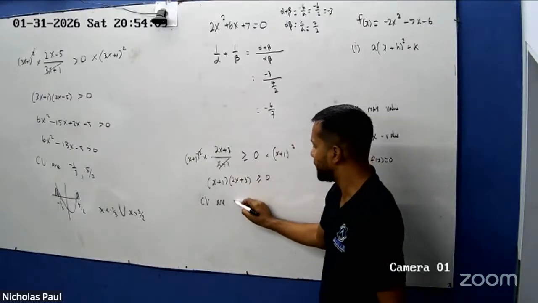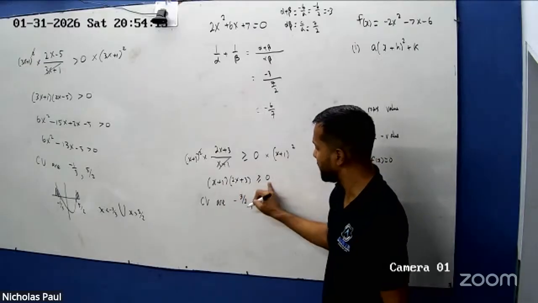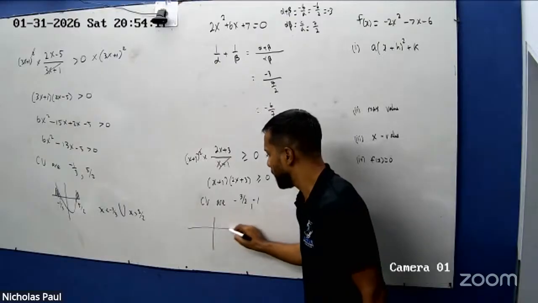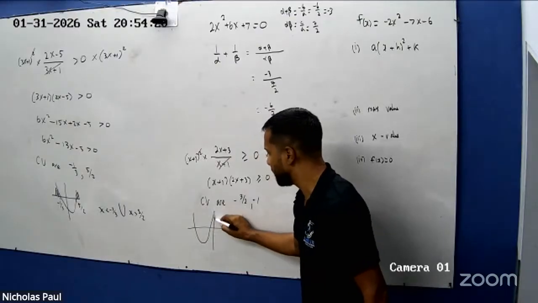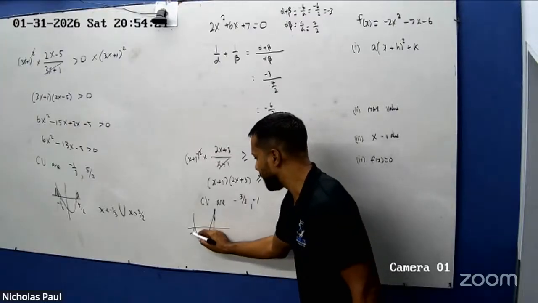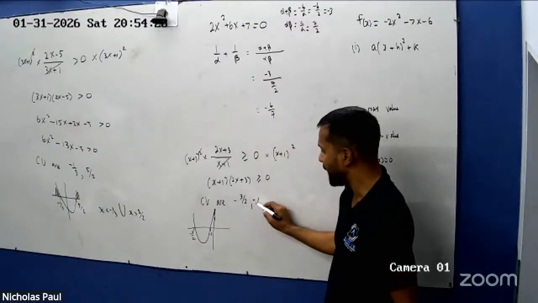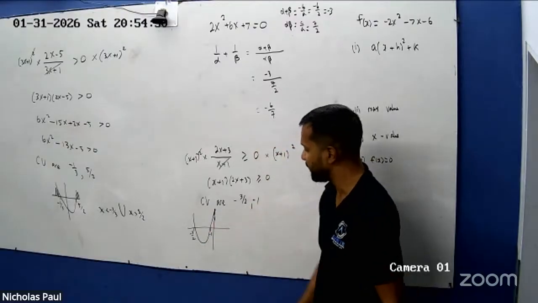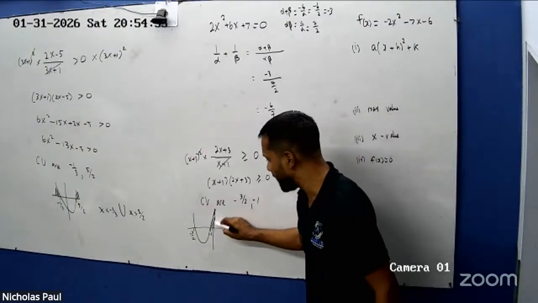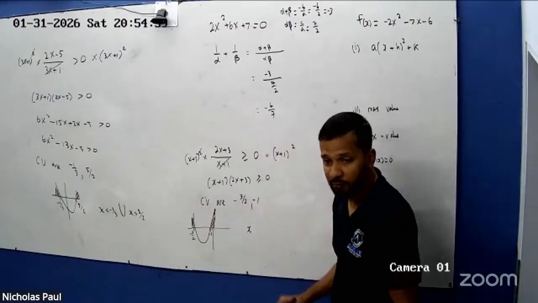I will get minus 3 on 2 and minus 1. Make it equal to 0. I have my critical values, both of them on this side. Both are negative, so the curve is on that side. And where is it more than 0? Outside here, outside here. So your answer is x.